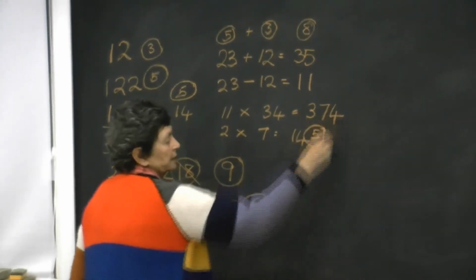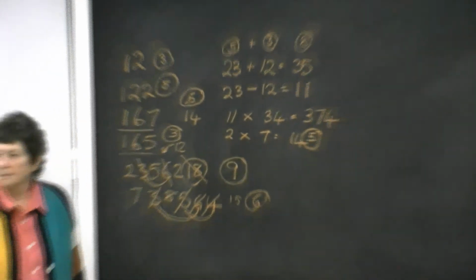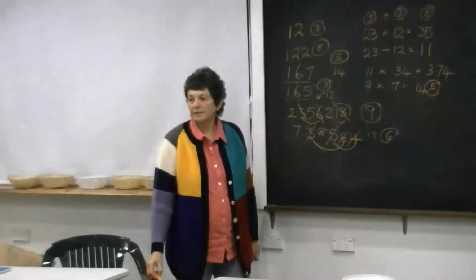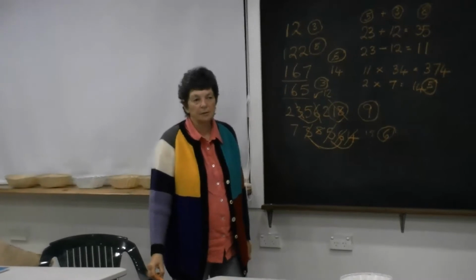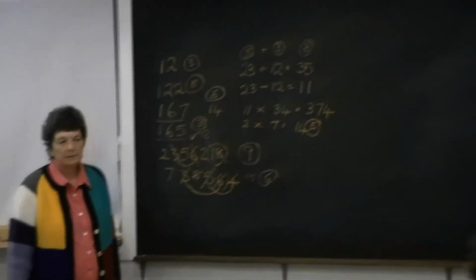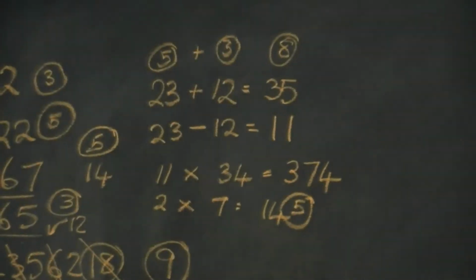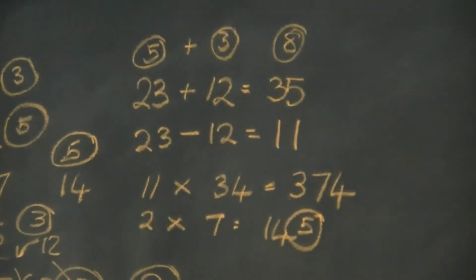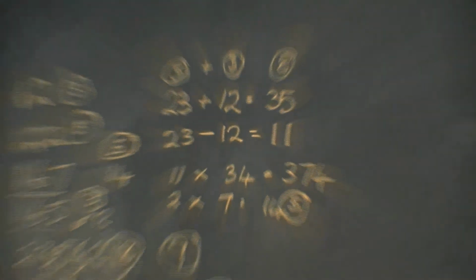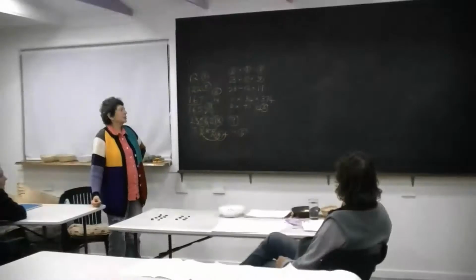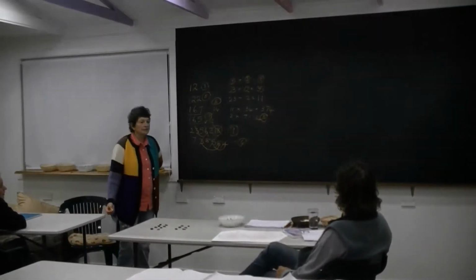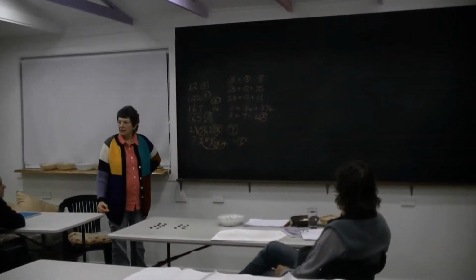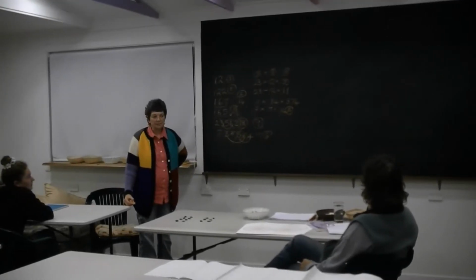Digit sum of this? 5. So you can use it in multiplication. You're just amazed. So your homework will be this, as always. But isn't that beautiful? I love digit sums.